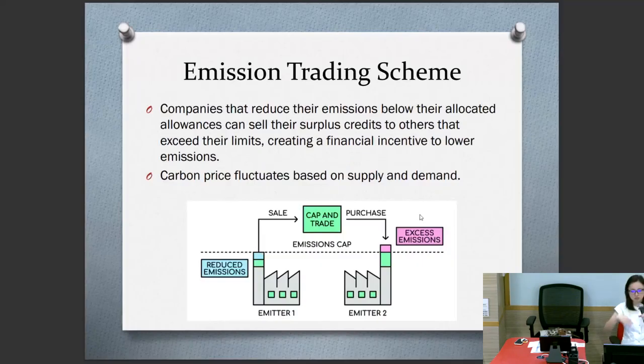Companies that reduce their emissions below their allocated allowance can sell their surplus credits to others that exceed their limits, creating a financial incentive to lower emissions. So when you reduce your carbon emissions, on one hand, you save energy, so you can pay less for the electricity charge.